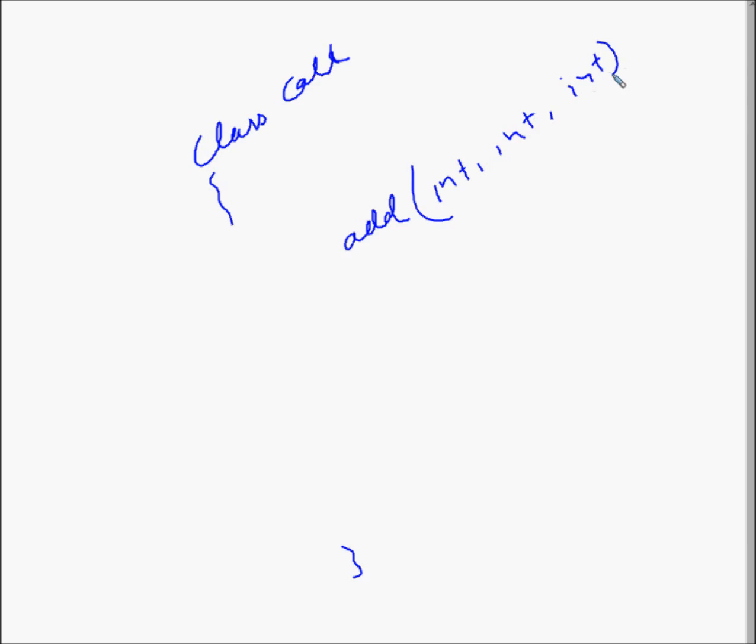Let us say you have a class Calci, calculator. Now you have a method add, with int, int. Then again add with three int arguments, right?